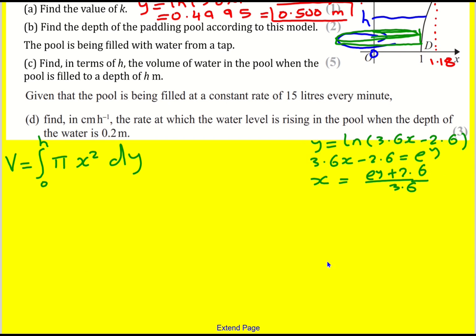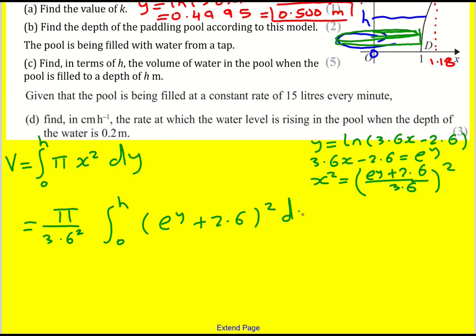Okay, we've got everything in place now. So I'll bring the pi out of the integral, and I'll also bring out 3.6 squared, since I'm squaring the x, so x squared is just going to be this squared. Then I'm integrating from 0 to h (e to the y plus 2.6) squared with respect to y.